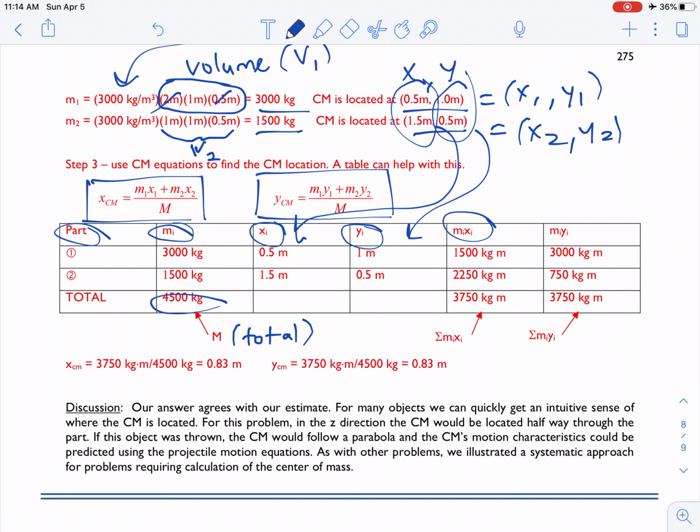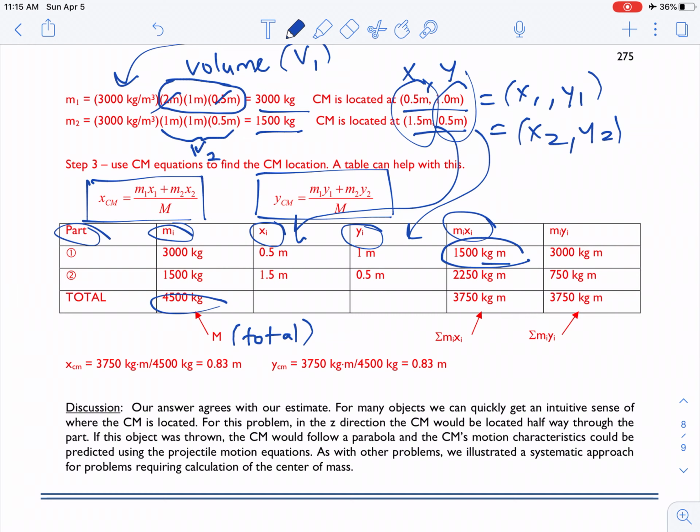And here for the center of mass equation, since we need to multiply mass and the position, we need to do that consistently. For the first one it's m1 x1, so it's 3,000 kilograms times 0.5 meters, and this is what we're getting. Check the unit.